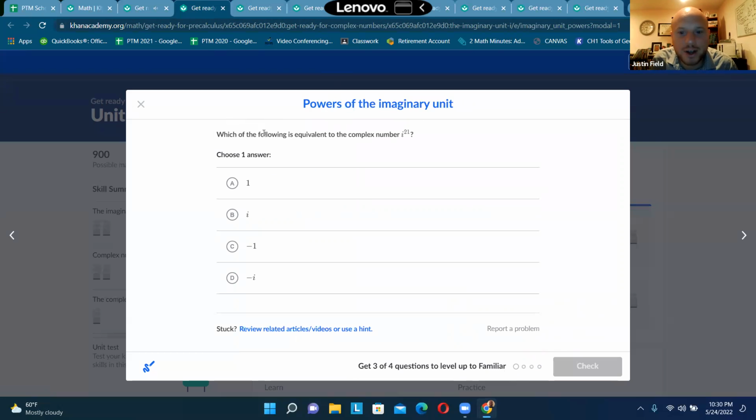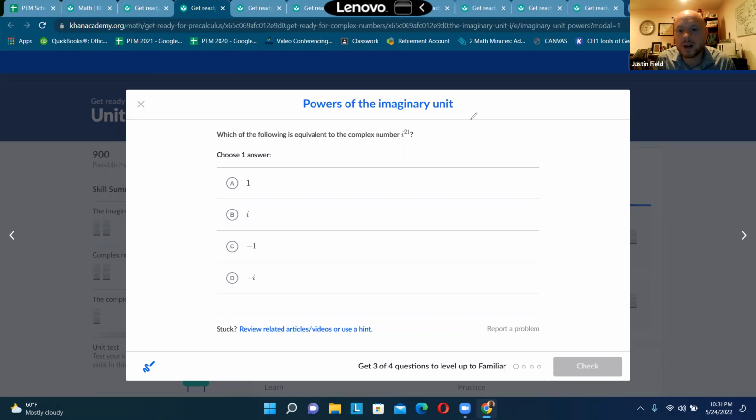All right. Okay, so the next thing is the complex unit, the powers of i. We always do the powers of i after we introduce i. Why is that? It's because there's only 4 choices, right?